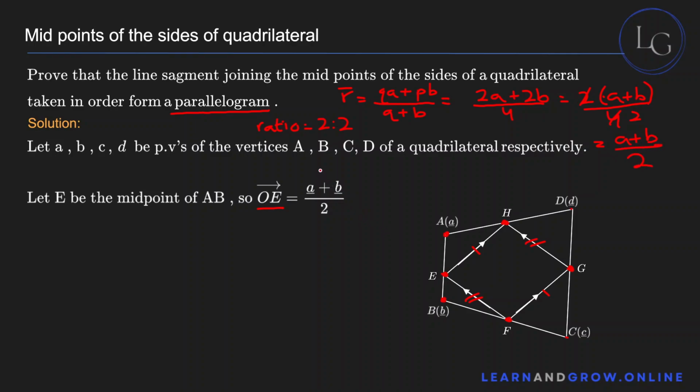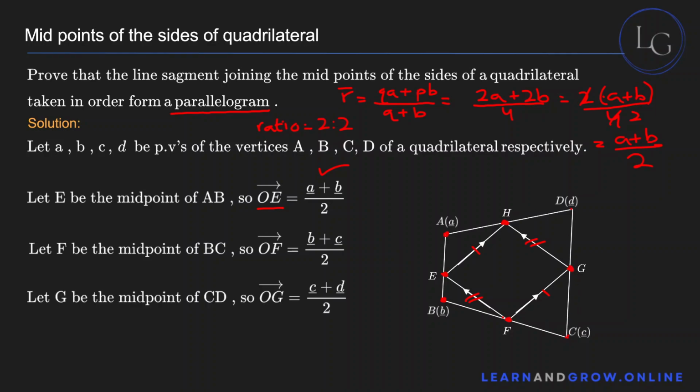And that is how you got this equation over here. Now when you apply the same rule on all of the other sides, you find out that OF, the position vector of this F over here, is equal to B plus C over 2, because it's between B and C, right? And for G, you guessed it, it's C plus D over 2. And for H, it's A plus D over 2.